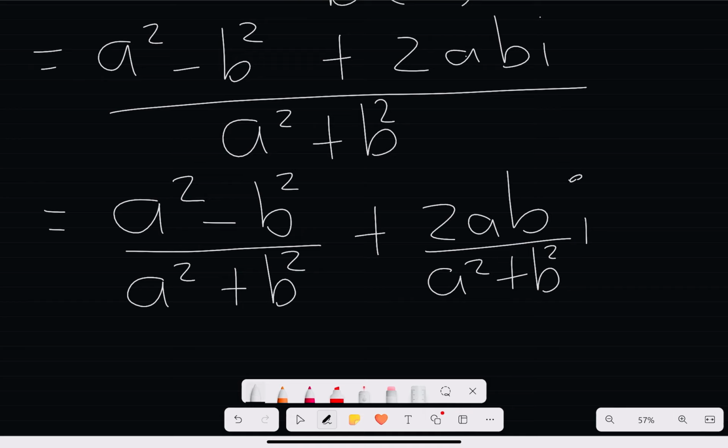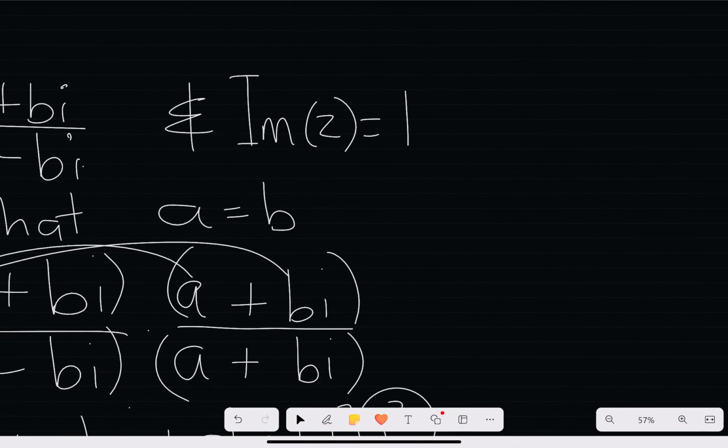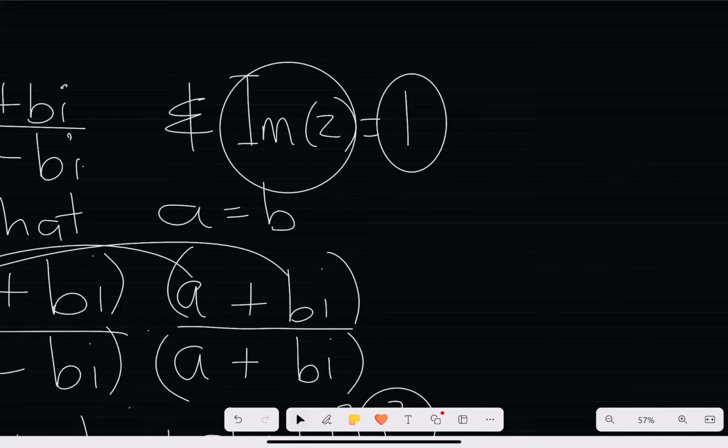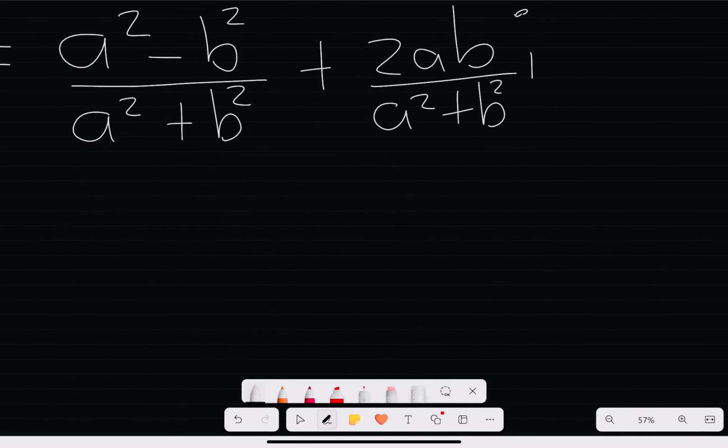You can see that this will be the real part of z, that will be the imaginary part of z. But they told us that the imaginary part of z equals 1, and we are proving that a equals b. Okay, that's fine. So guys, we know that this is the Im of z, because it's the coefficient of i.